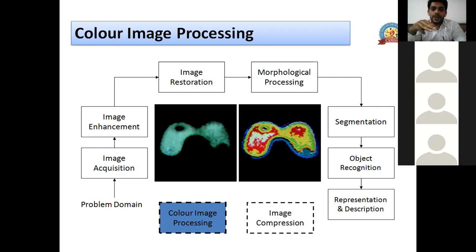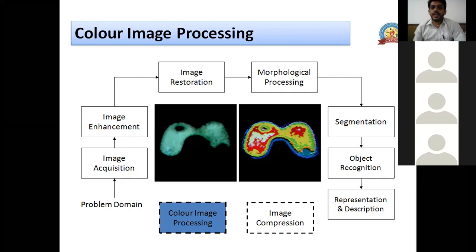It will require three times more processing, three times more speed. Everything is three times more. In a color image, you are actually processing three images together, not just one image. That's why processing a color image requires much more resources than a grayscale image.